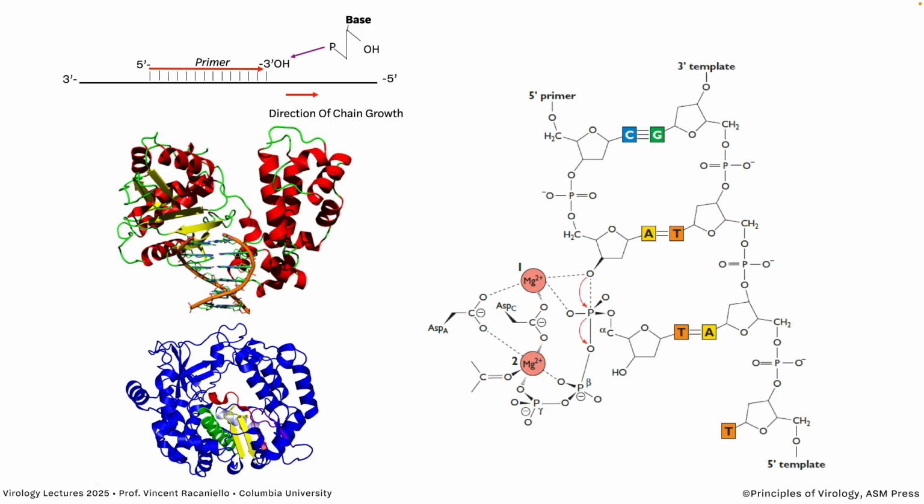And the two yellow are the beta strands that contain the aspartates that coordinate the magnesium metals. And just like for RNA, you have a template, you have a series of riboses joined by phosphates with bases coming from them. And here we're showing the addition of a base, a T complementary to A. The T is brought into the polymerase as a TTP, 3 phosphates.